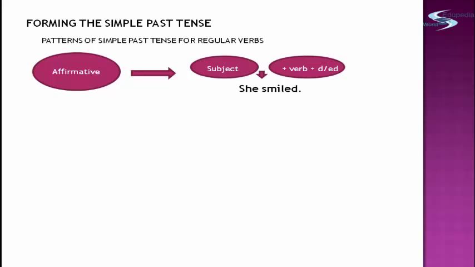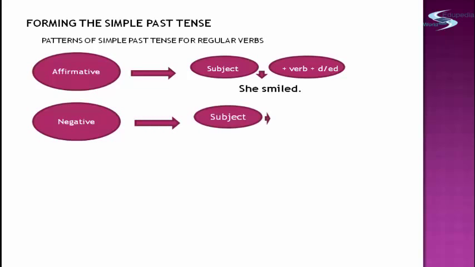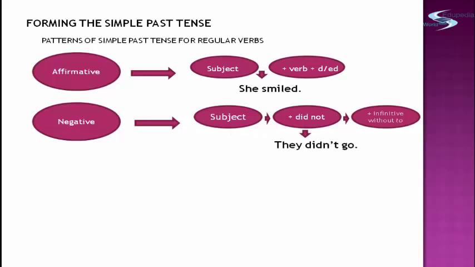The word smile has D. In the negative, we have the pattern subject plus did not plus infinitive without to. Example, they didn't go. They is the subject, didn't is the negative for did not, and go is the infinitive verb.